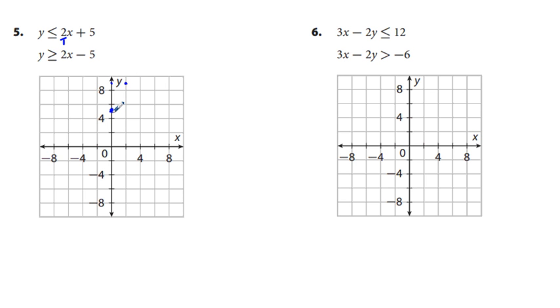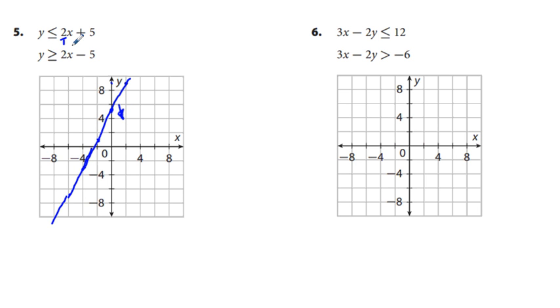In the opposite way, we go down 2 and 1 to the left. So it's going to look like this. Again, solid line. There we go. Pretty good. And then we're less than, so there we go, drawing an arrow below.